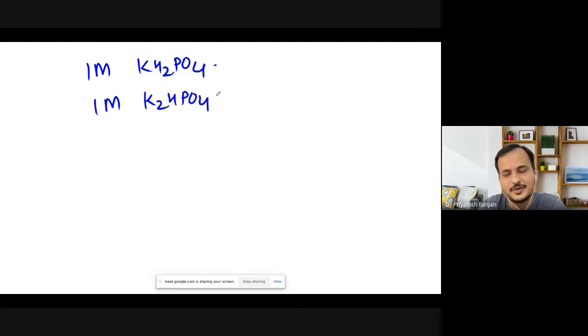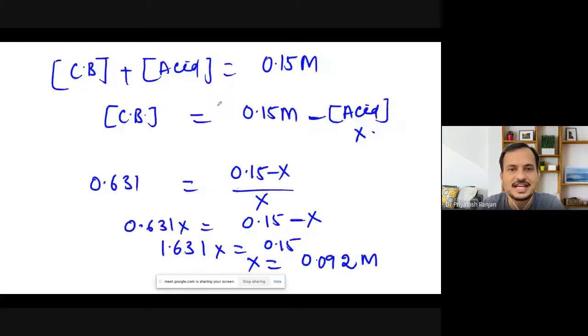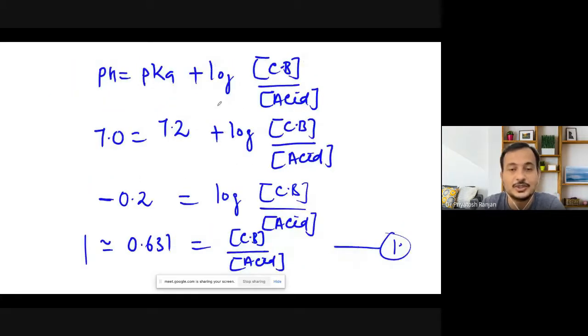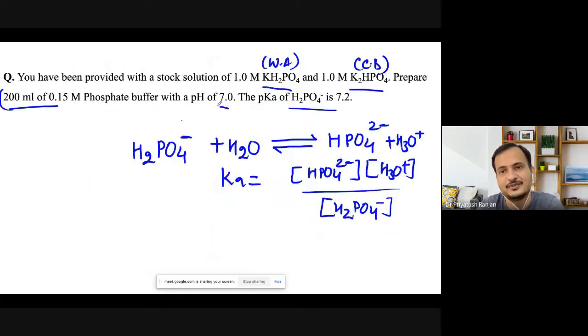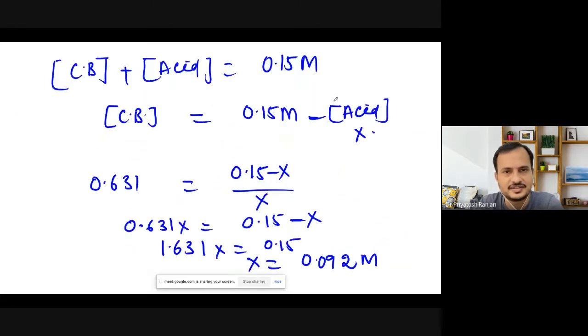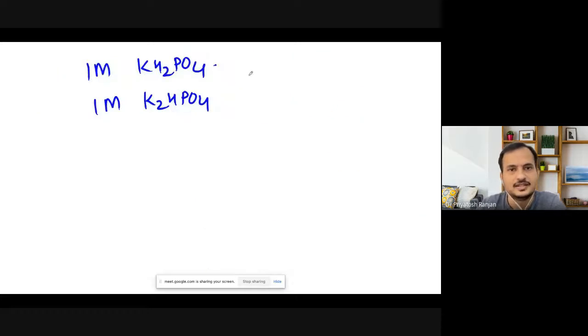and they have given me 1 molar K2HPO4. Remember, whenever you prepare your buffers, most of the time you keep stock solutions ready, and then with these stock solutions you prepare the buffer of your interest. So it's easy to do, so that you don't need to go back again to these calculations and keep on making different kinds of buffers with different values.